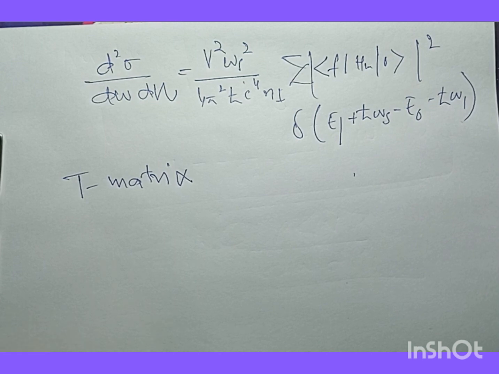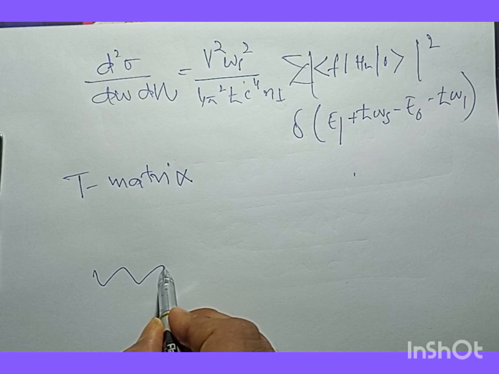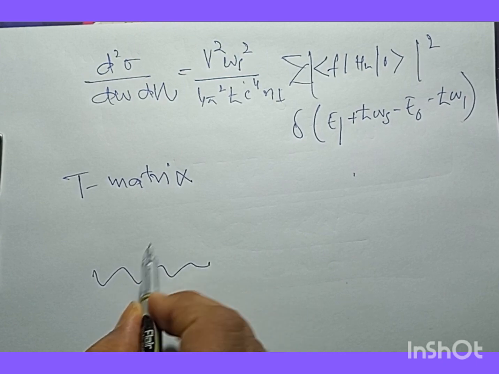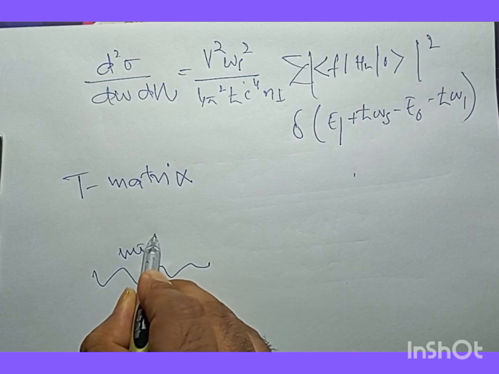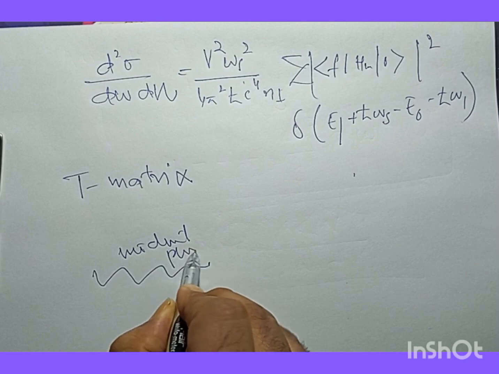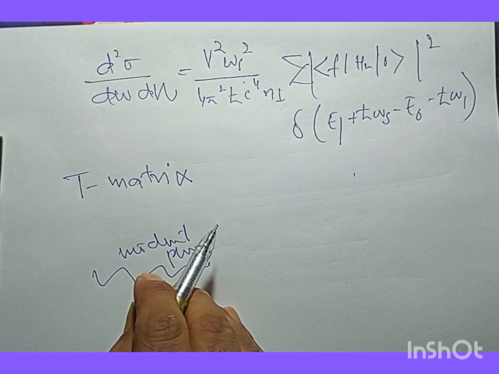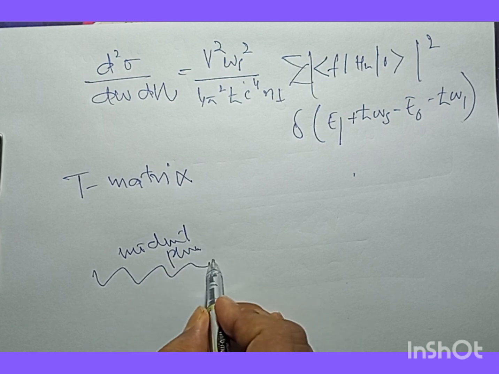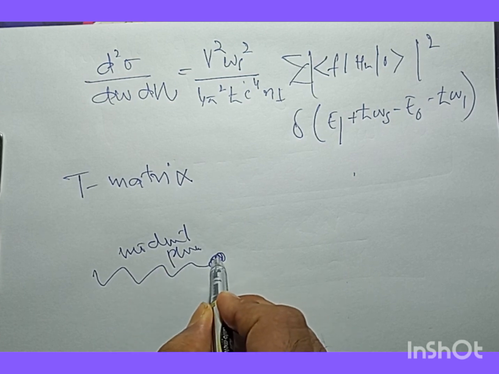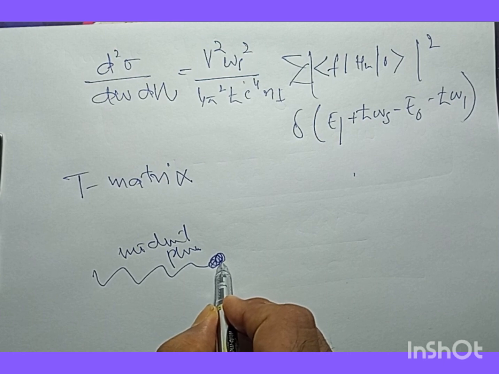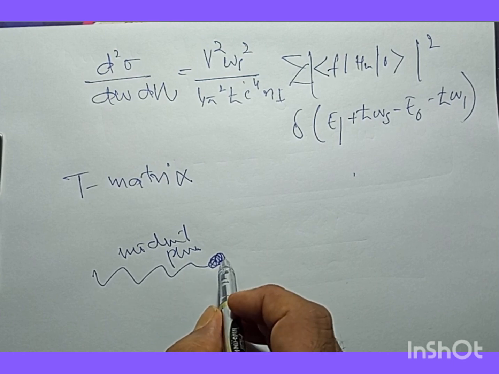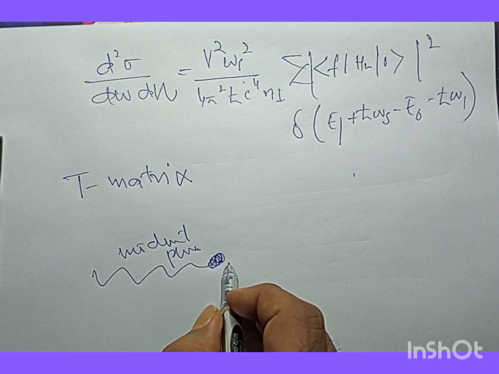the general Feynman diagrams, and what we have here is the incident photon. Suppose this is an incident photon. This incident photon interacts with the matter, and while interacting it produces the electron-hole pair.